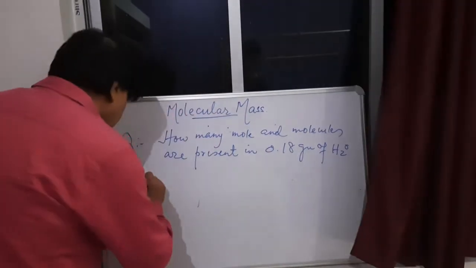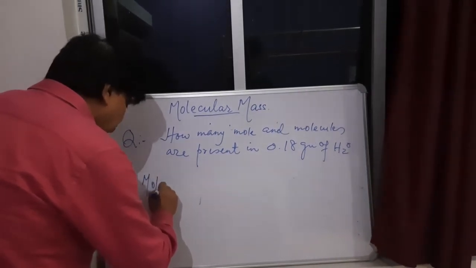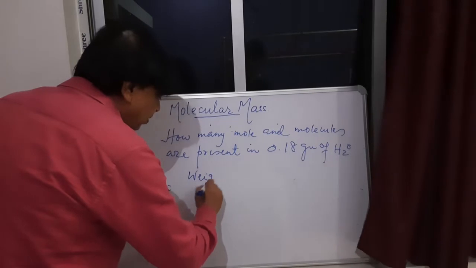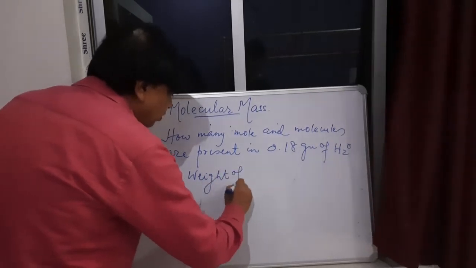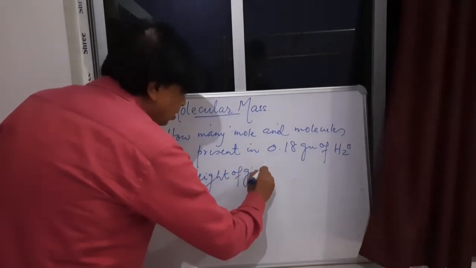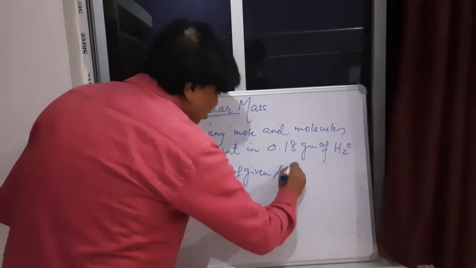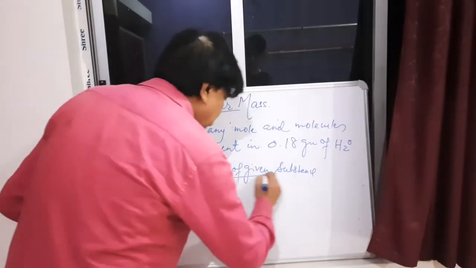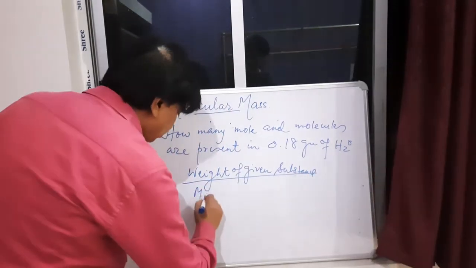If you have to find the mole, there is a formula: weight of given substance divided by molecular mass.